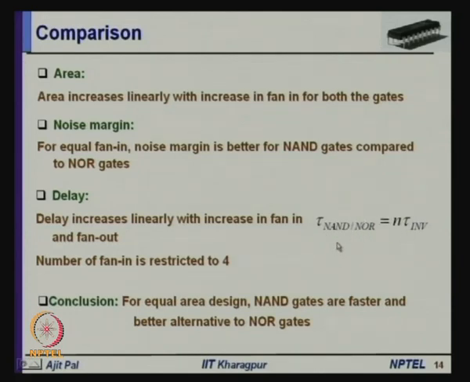In addition to that, n is the fan in, and it has dependence on fan out as well, and that is the reason why the fan in is restricted to 4. Although gates are available with fan in from 2 to maybe 8, whenever you realize practical VLSI circuits of reasonable performance, there is some restriction on the fan in.